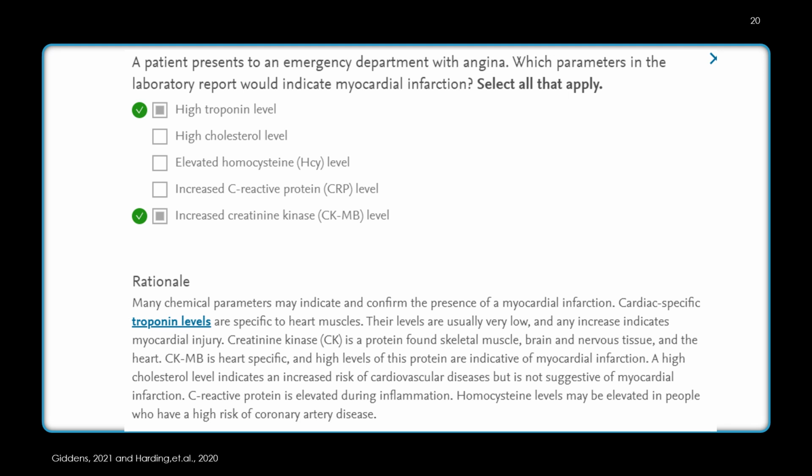Okay. The other, like a high cholesterol level, puts you at a higher risk, but it's not specifically saying that, yes, this person's having a heart attack. And then the other ones look at things like inflammation, which again is usually present with a heart attack, but these would not be specific to a heart attack. Those can be elevated and not be a heart attack.